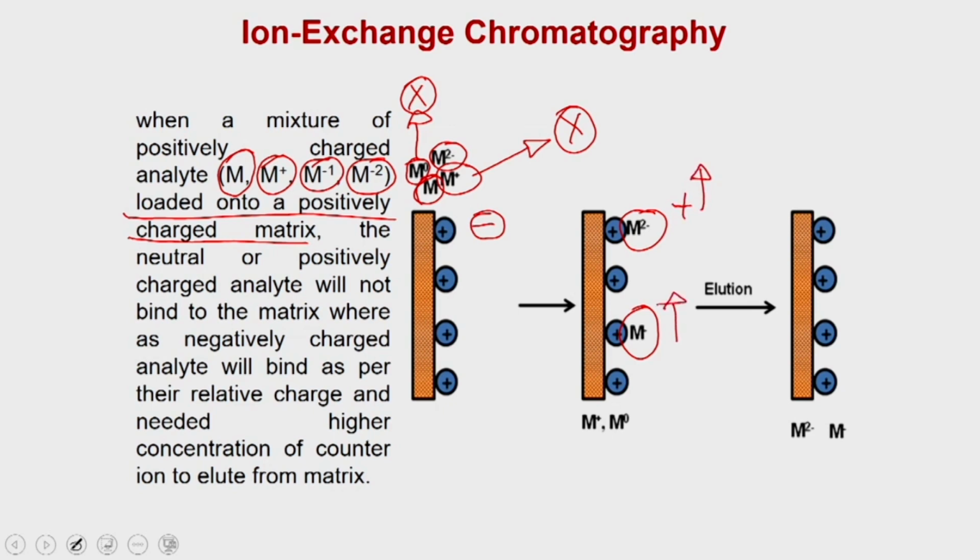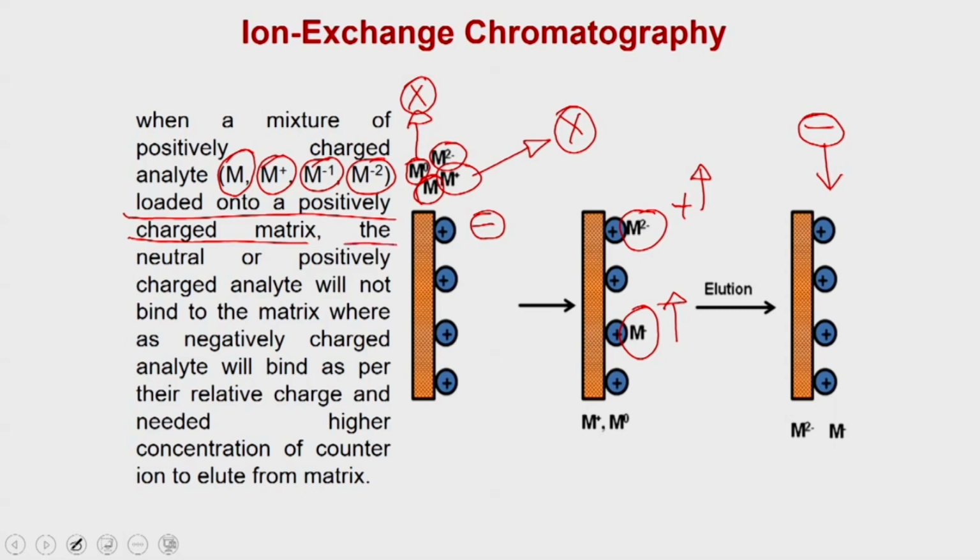Once they are bound, you can wash this column and remove the neutral M as well as the M plus, and now you can put in another negatively charged competitive ion, and that is going to remove M minus first and M2 minus on the second occasion. That is how it separates the complex mixture containing proteins of different charges.